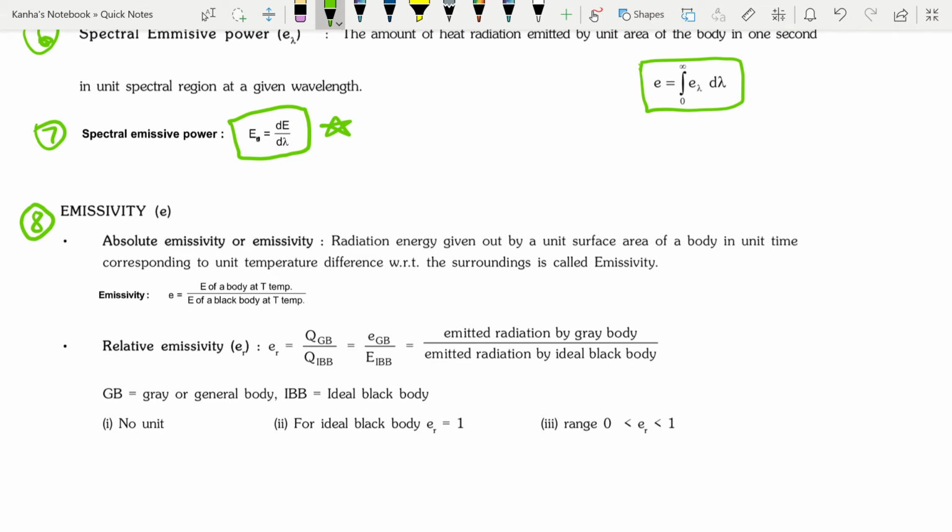So emissivity is equal to the energy of the body at temperature T by the energy of a black body at the same temperature. Similarly, you have relative emissivity, which is nothing but emitted radiation of a gray body by emitted radiation of an ideal black body. Gray body will be denoted by GB or a general body, and ideal black body will be denoted by IBB.